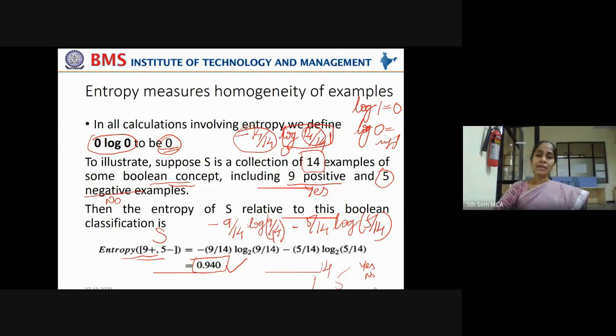Got it? Now, if there are equal numbers of training examples, 7 positive and 7 negative, in that case the entropy will be 0.5.